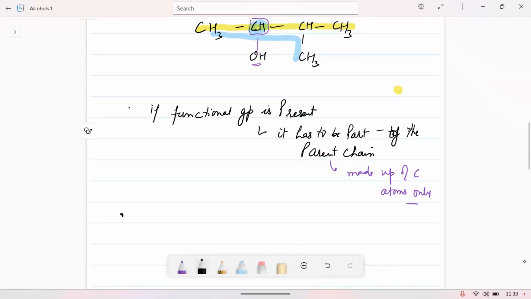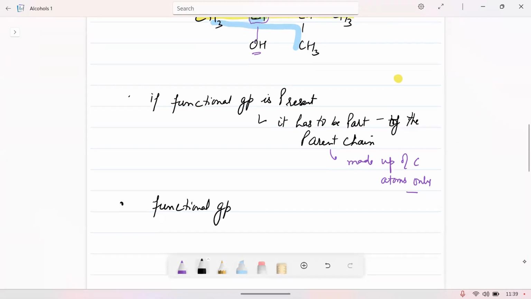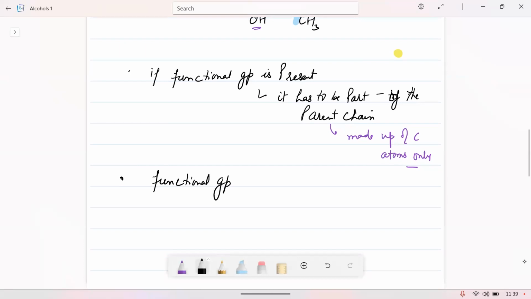The second thing is, this is a rule for the naming. The functional group should get the minimum possible number.